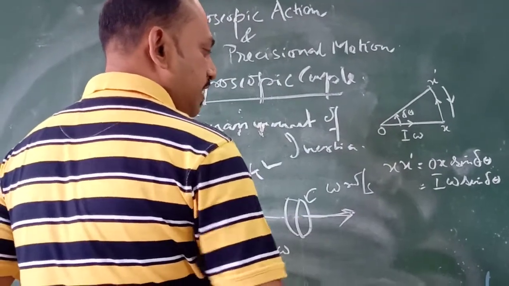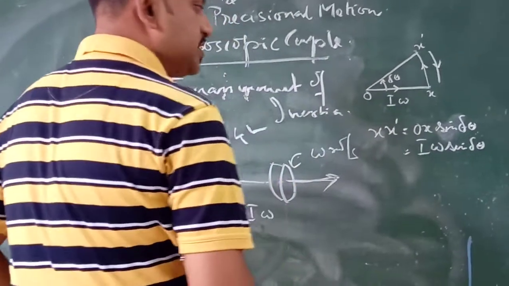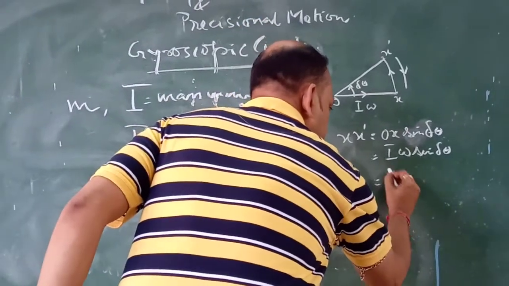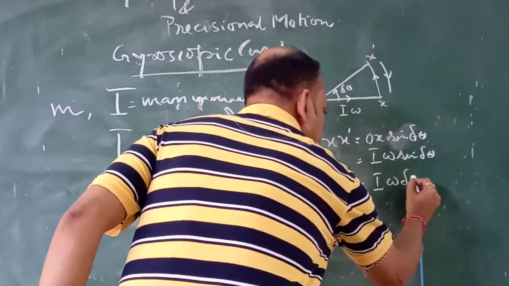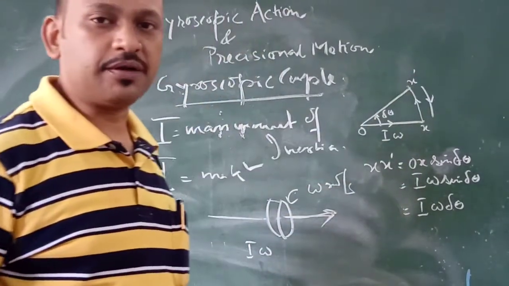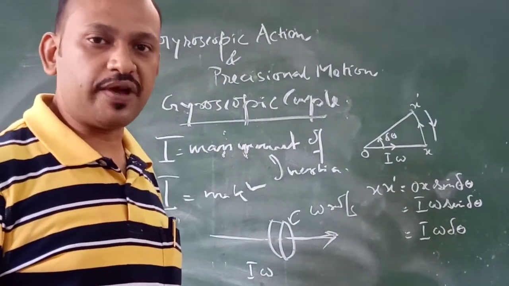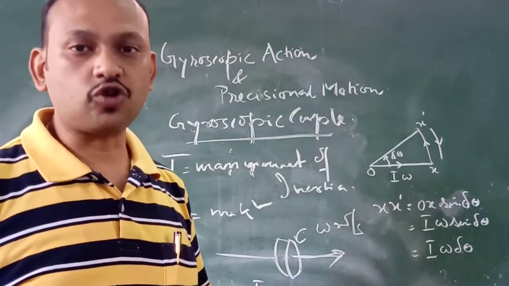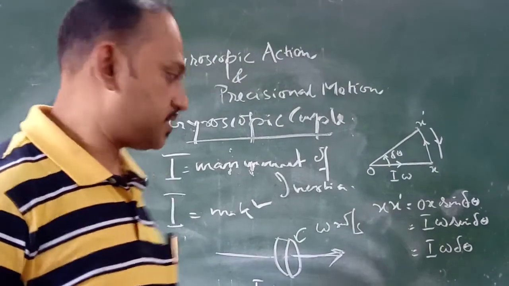And in the limit, as del theta is very small, this can be written as I omega del theta. So this is the change of angular momentum. So what is the rate of change of angular momentum? It is actually the torque or the couple which is acting on the system.